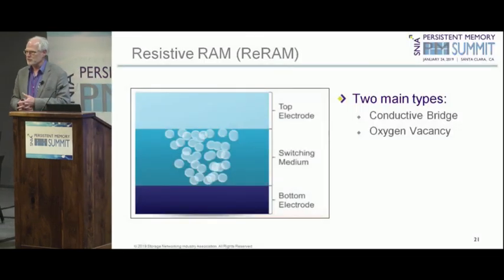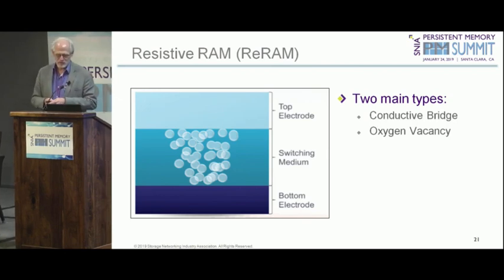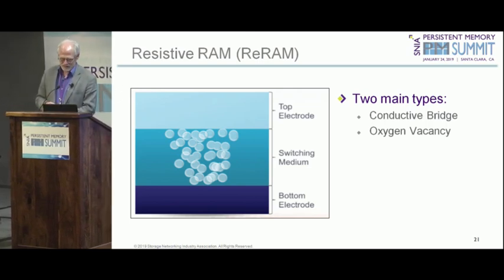Resistive RAM, there's actually a few different ways in which people do that. The two most common ways are conductive bridge, where you get little pieces of metal formed inside that can go in and out of the solution, and they can then cause higher or lower resistance in the path.